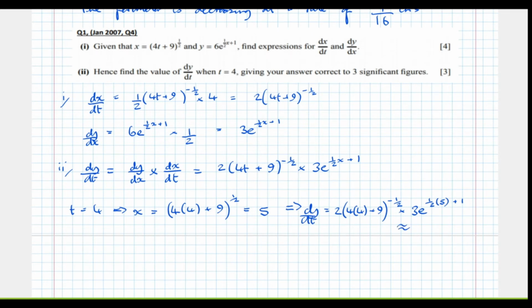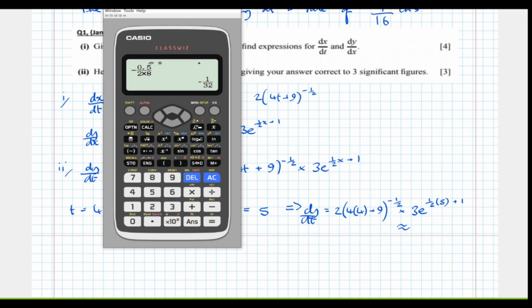So that's approximately equal to, then just put in the calculator, 2 lots of 4 times 4 plus 9 to the power of minus 1/2 times 3 e to the power of 1/2 of 5 plus 1, like that.